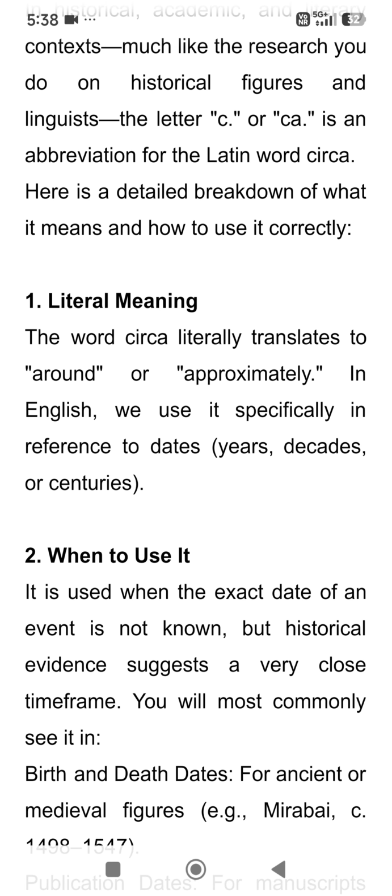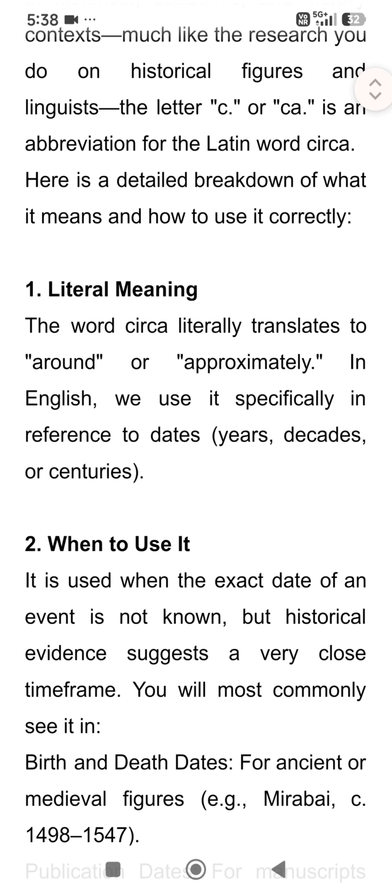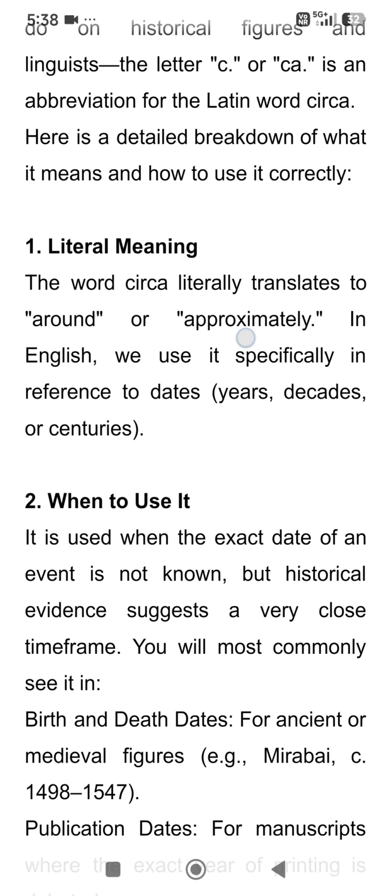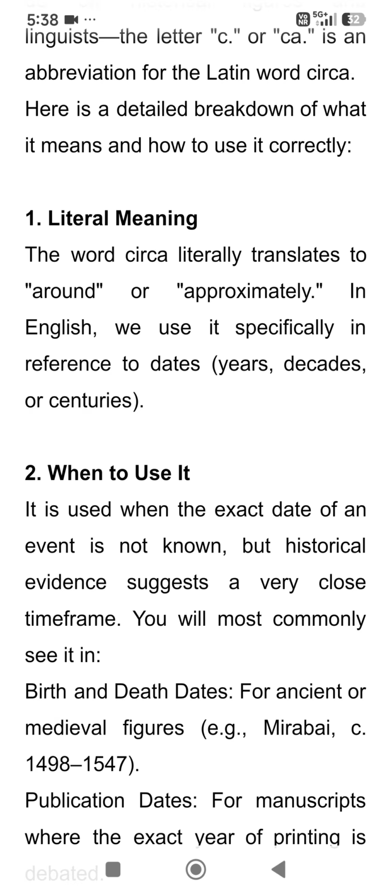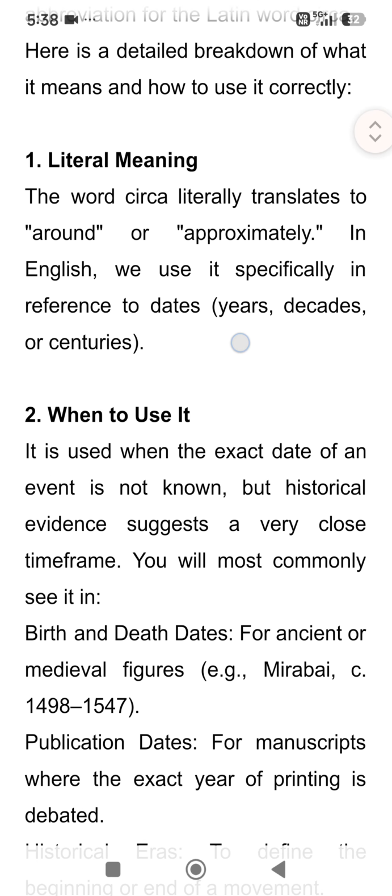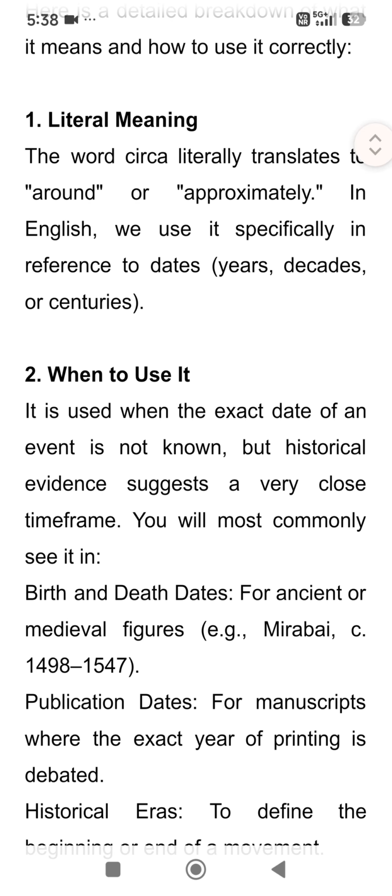That is very important for you. Please take care of this word C for circa. Here is a detailed breakdown of what it means and how to use it correctly.